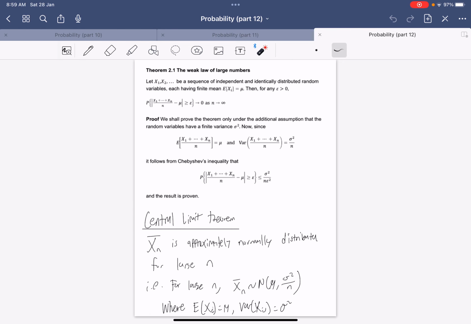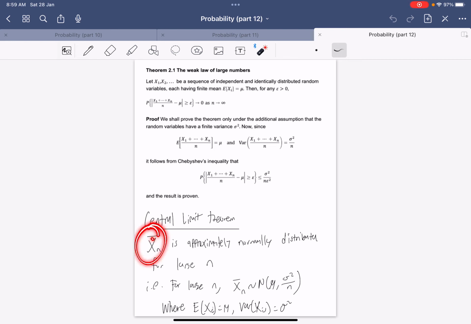And lastly, a very, very important tool in any probability or statistics course is the central limit theorem. This gives us a way to find the distribution for the sample mean, even though we do not know the distributions of all the previous random variables.